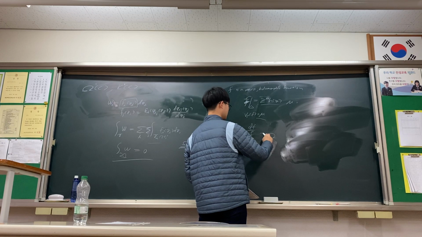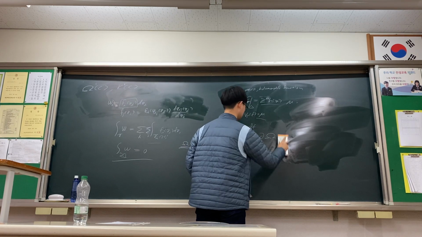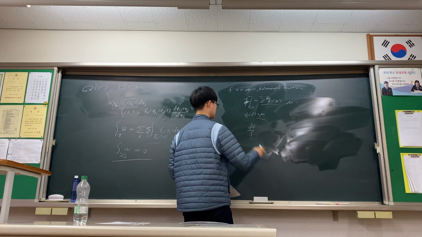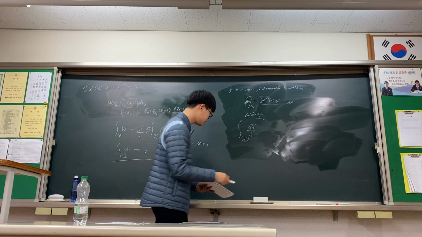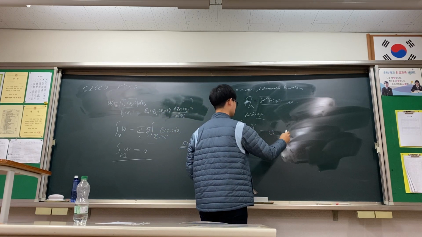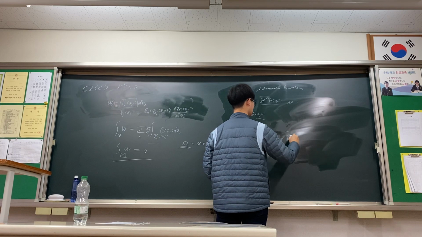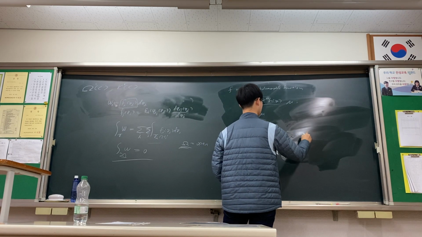If you integrate along the boundary of this open set, we get this, and this by Stokes' theorem is 0, but this is also equal to the sum of the residues, the sum over p of the v_p.